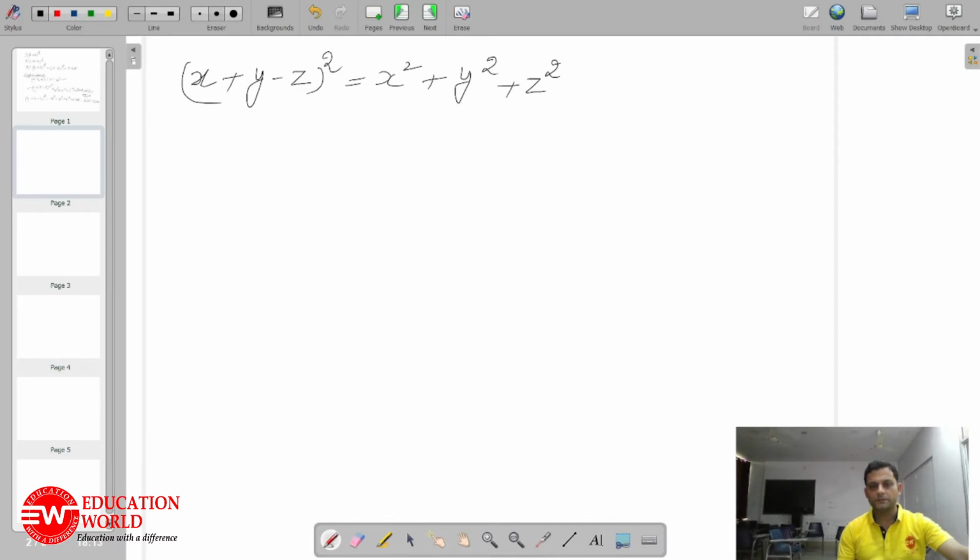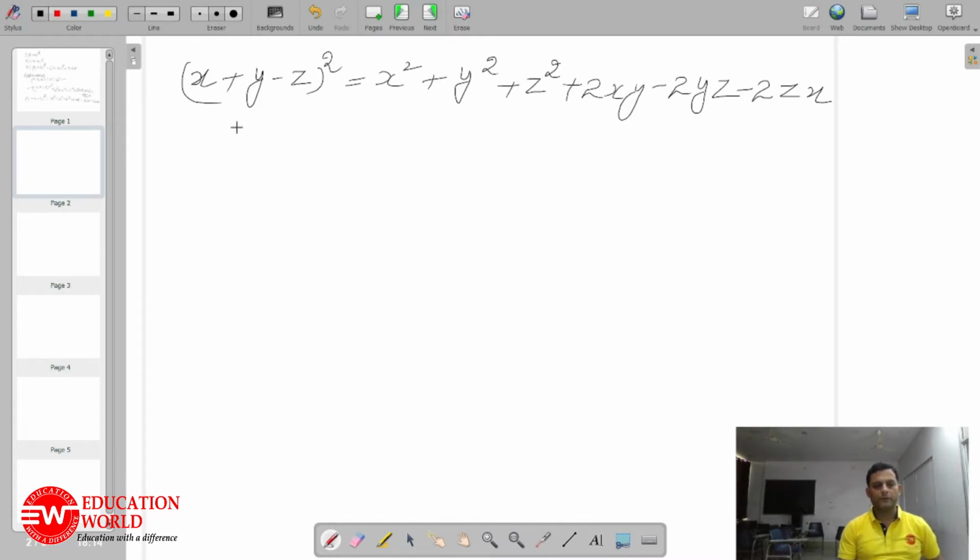Now the combination, so be careful while doing. x and y are positive, so 2xy, and y is positive, z is negative, so the result will be negative. So minus 2yz. Again z is negative, x is positive, so minus 2zx. Is that clear?